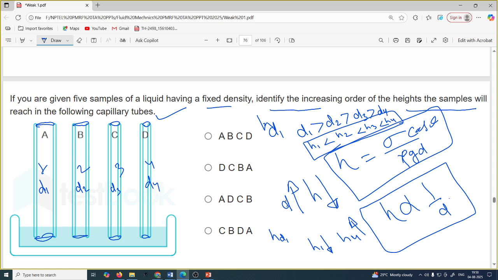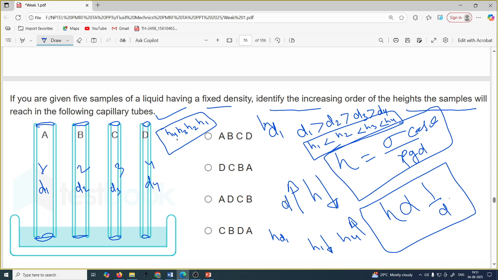H2 and H3 are in between. So now you can think which option will be correct. The question is asking to identify the increasing order. Increasing order means first you write the smaller one, that is H1, then H2, H3, then H4, the bigger one.